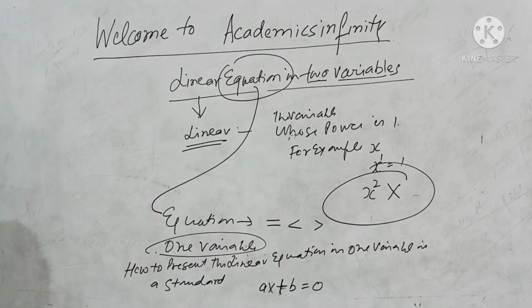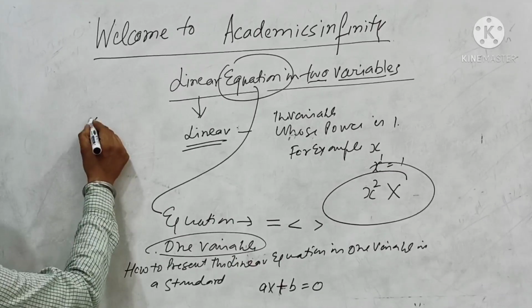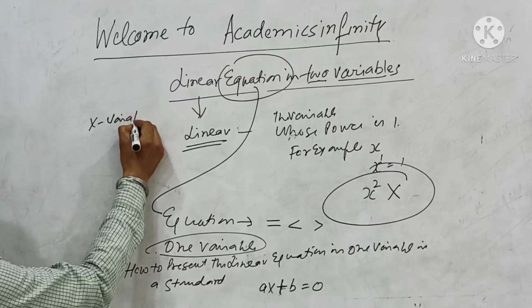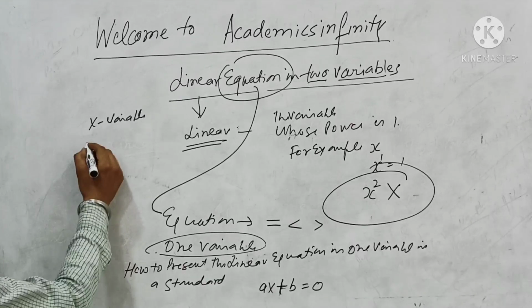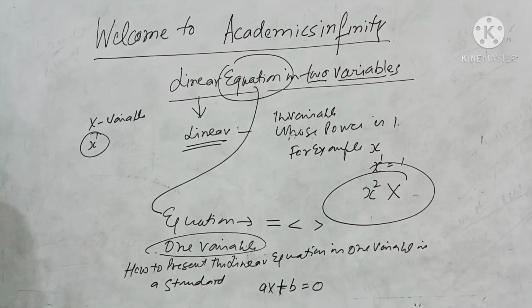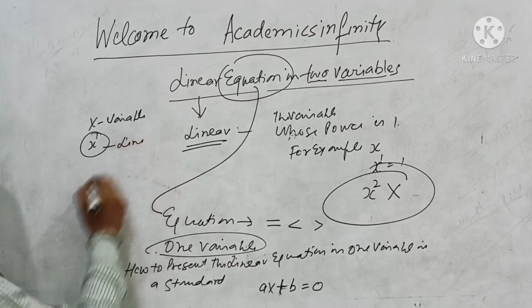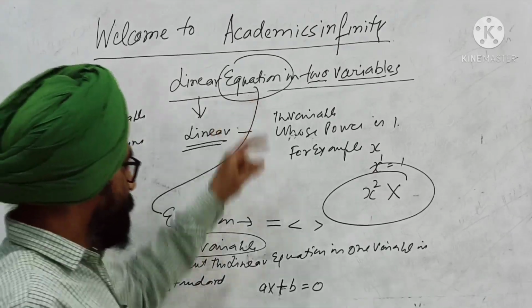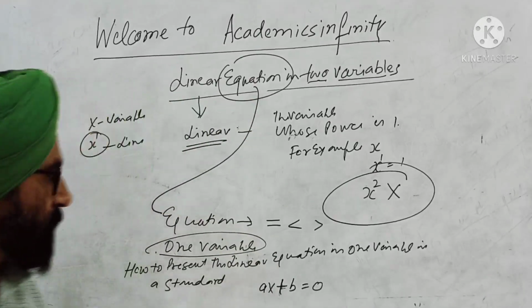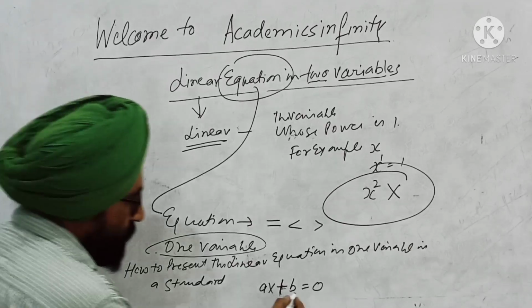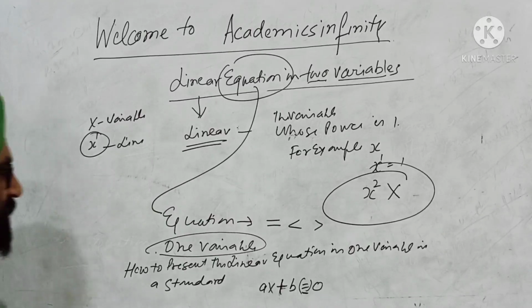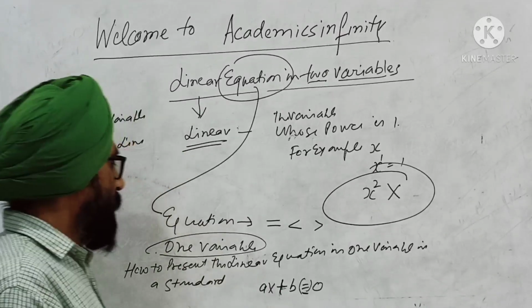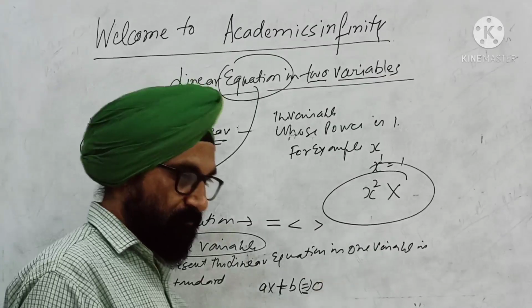Now it is clear that here the x is a variable whose power is 1. So it shows the linear. Second is equation. Is it equation? Yes, because here the sign is equal to. And next is one variable.